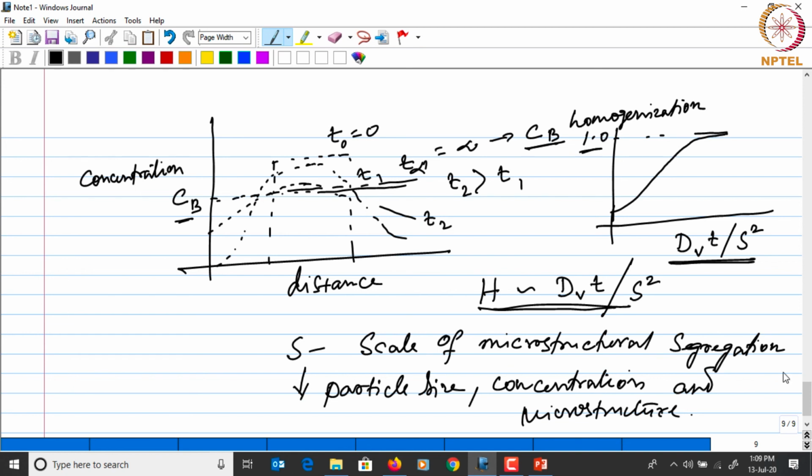And temperature will also have a significant effect on this homogenization process, because the diffusion process itself is thermally activated. In fact, the diffusional coefficient or the diffusivity that you have increases exponentially with temperature, and therefore the temperature will also have a significant influence on the homogenization process.